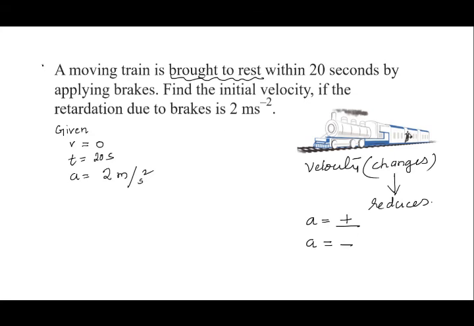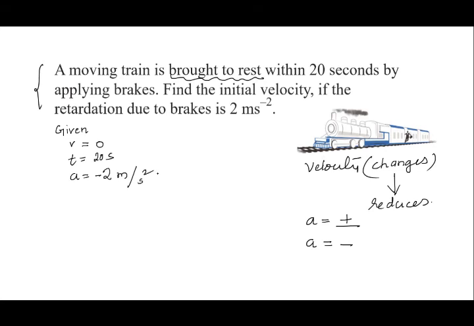Now look at this situation. An already moving train is brought to rest, meaning the final velocity is 0, and the time is 20 seconds. Will the acceleration be positive or negative? Definitely negative, because when the brakes are applied, its velocity reduces slowly and then it comes to rest.